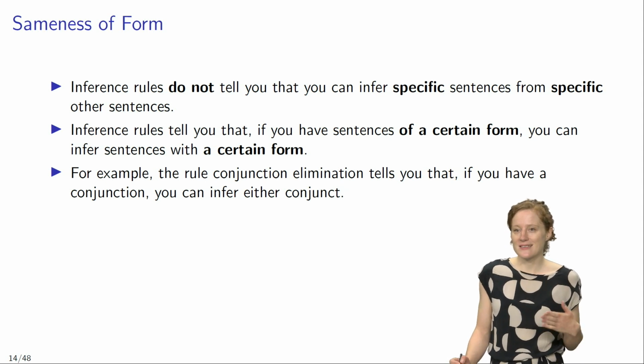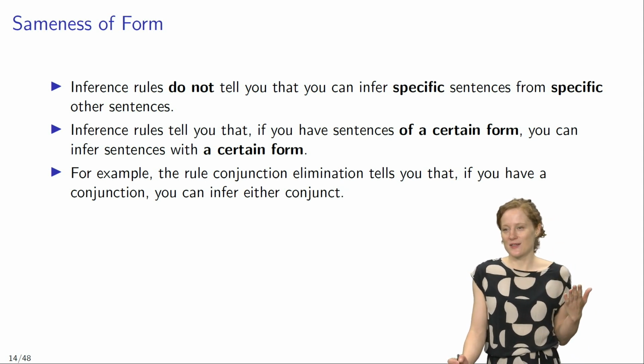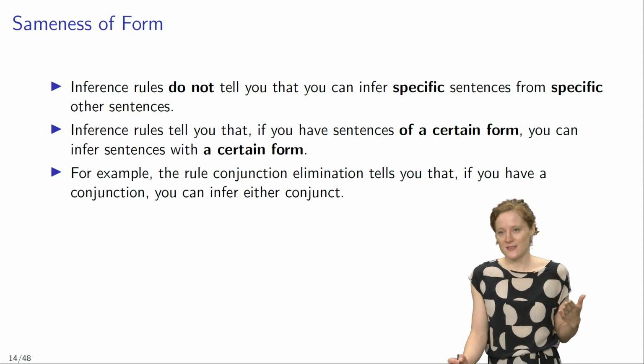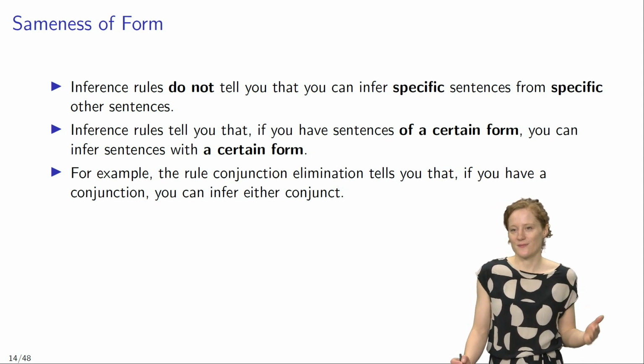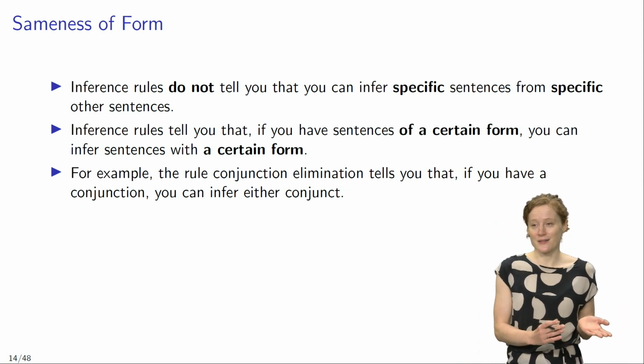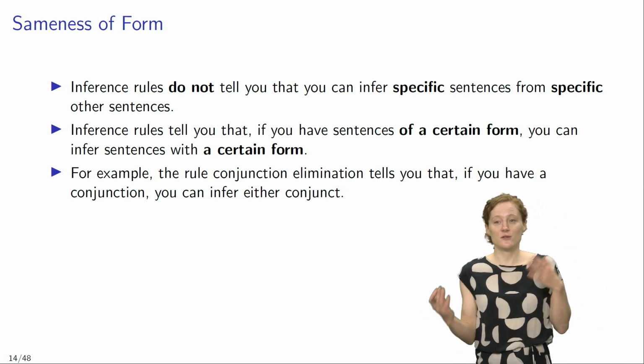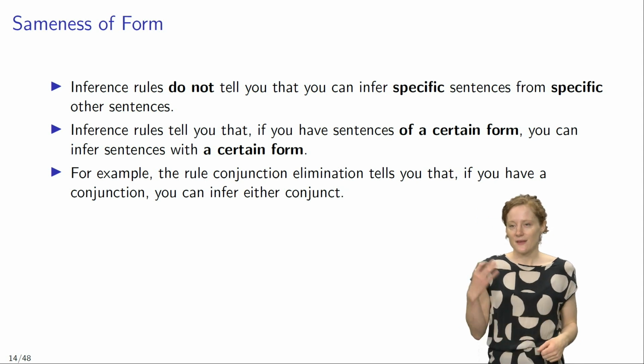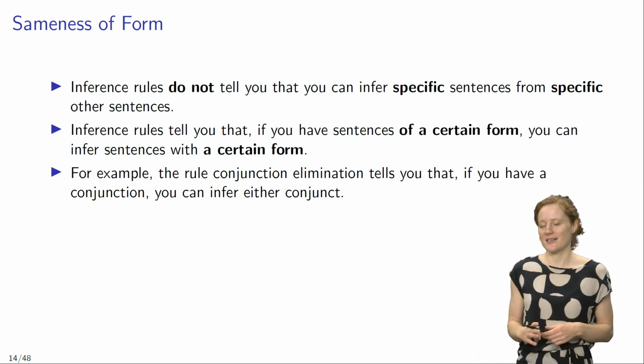Rather, inference rules tell you that if you have sentences of a certain form, you can infer sentences with a certain form. So for example, the rule conjunction elimination tells you that if you have a conjunction, you can infer either conjunct, as we will discuss in more detail in the next part of this lecture.